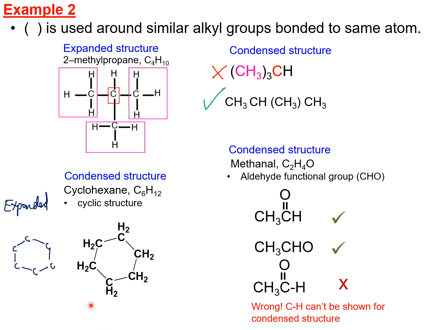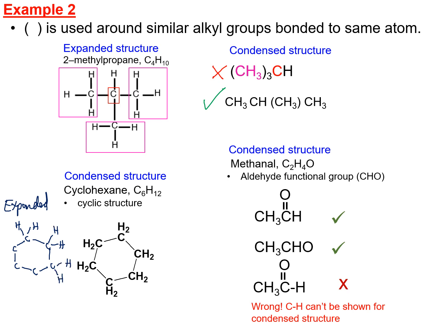We know that this carbon can make 4 covalent bonds. Since this carbon only has 2 covalent bonds, another 2 covalent bonds will be made with hydrogen. Since every one of these carbon atoms is similar, each with 2 covalent bonds, we just add another 2 covalent bonds with hydrogen atoms.